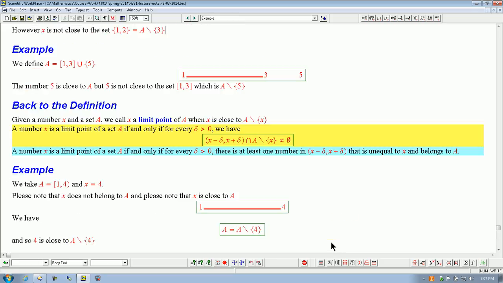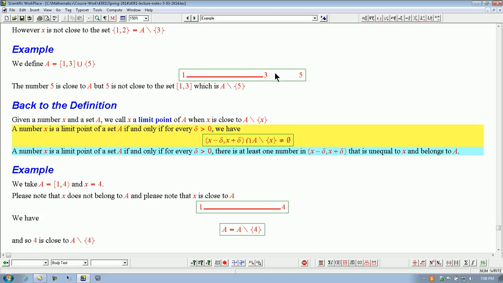Let's come back and have a look at this example over here. Remember this? A consists of the union of this interval from 1 to 3 and singleton 5. So what numbers belong to this set? All the numbers in the interval from 1 to 3, and one more number.